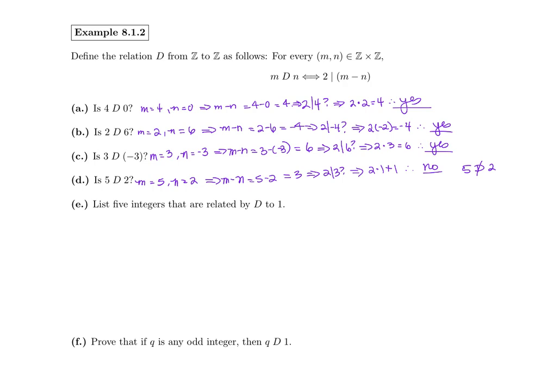So let's try listing 5 integers that are related by d to 1. So we're looking at all of these numbers where if I take one away, it's going to be divisible by 2.